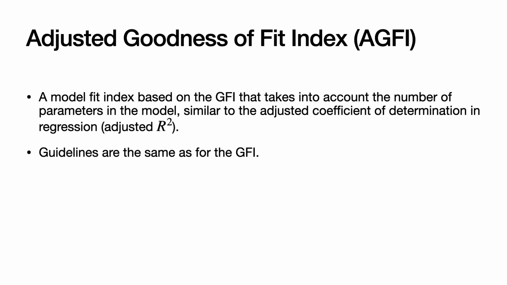Now, the guidelines for evaluating the Adjusted Goodness of Fit Index and determining whether or not a model provides a reasonably good fit to the data are the same as the guidelines for the Goodness of Fit Index itself.